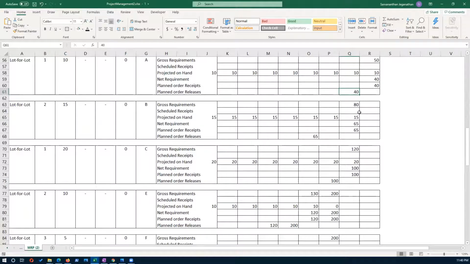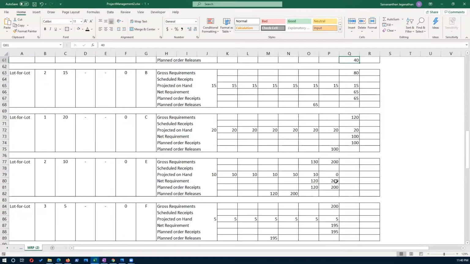And the C is going to be 3 times 40. So 3 times 40, 120, minus 20. And then we'll get the planned order release. And then we work backwards.